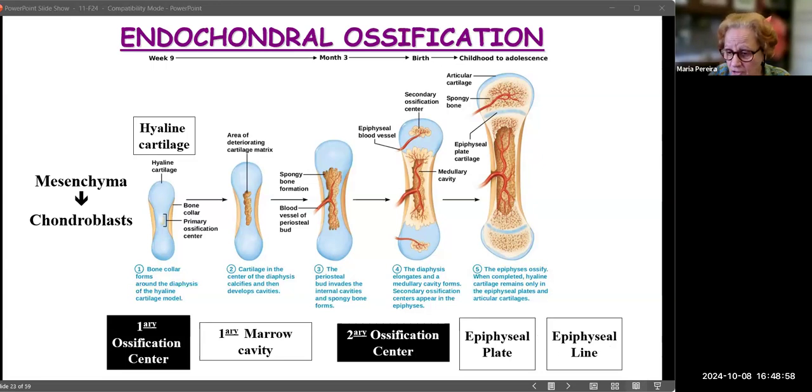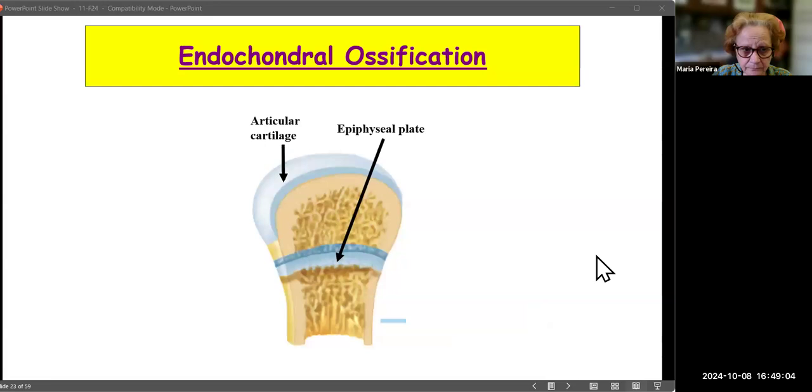Once the epiphyseal line is formed, there's no more cartilage and the bone reaches its size. So you see here the articular cartilage and the epiphyseal plate. The epiphyseal plate still has cartilage. It still shows this blue area. Of course, it's not blue in real life.